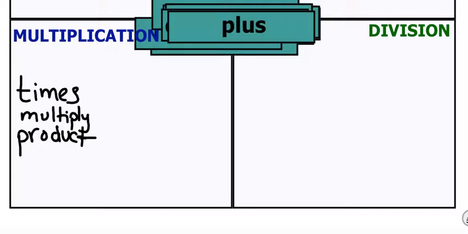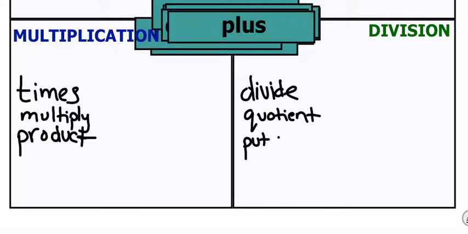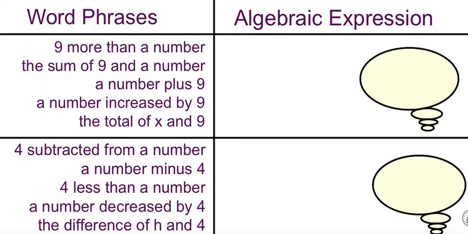For division, we might have words such as divide, quotient, maybe put into groups. Again, we have a handout that we'll give in class, or that you had in class, that has much more detail to it with the different types of vocabulary you might see.